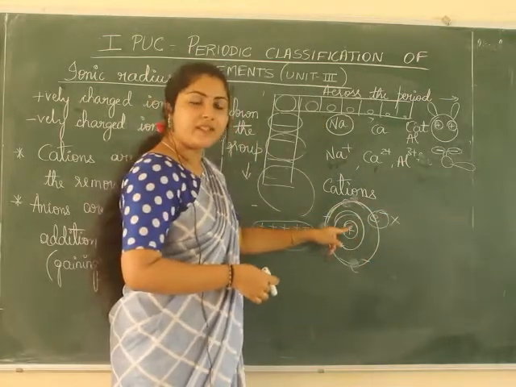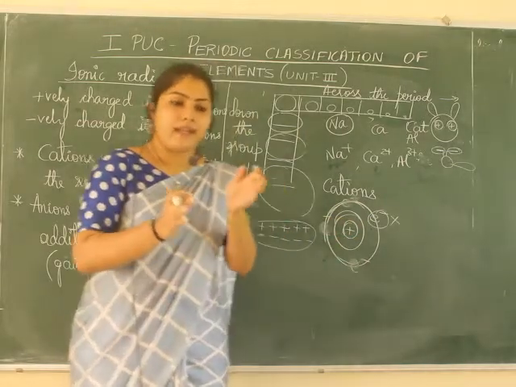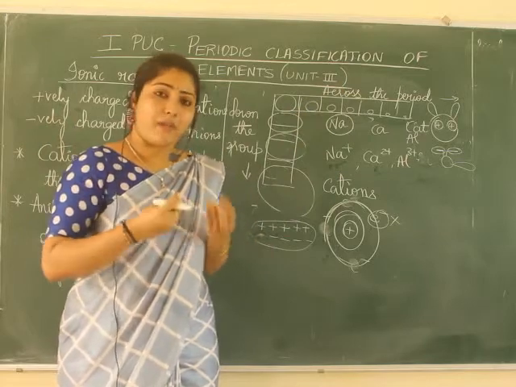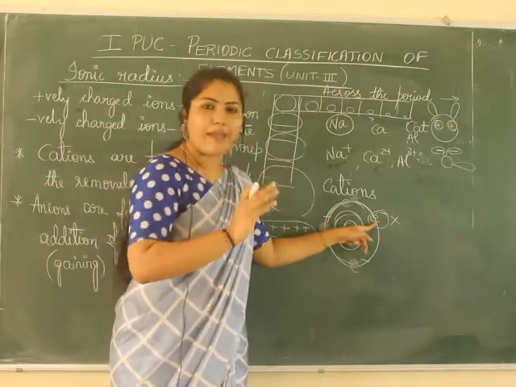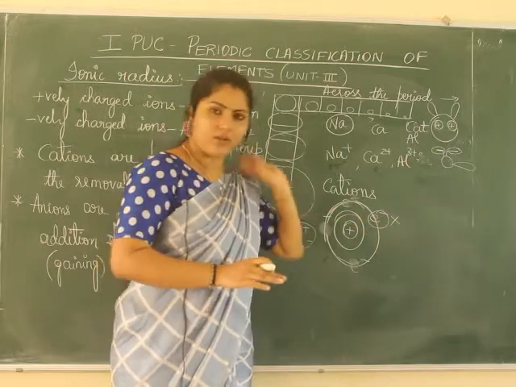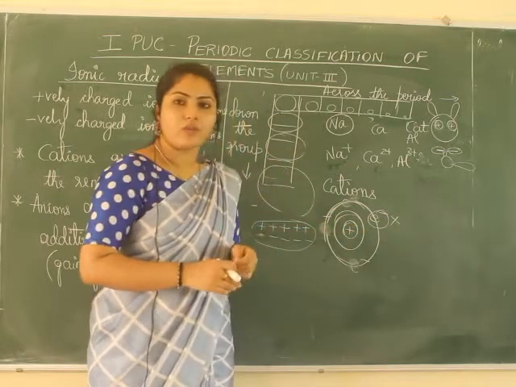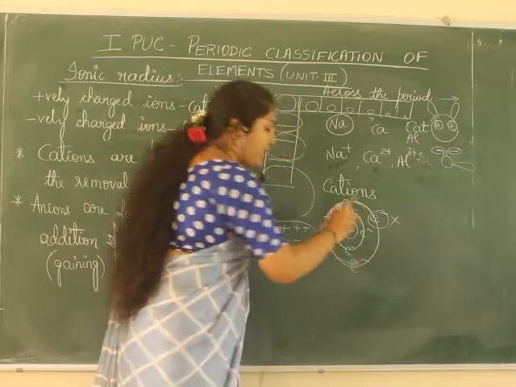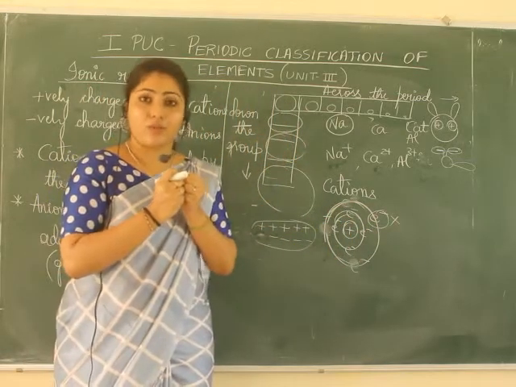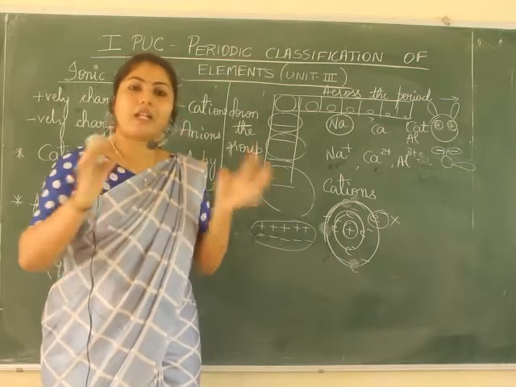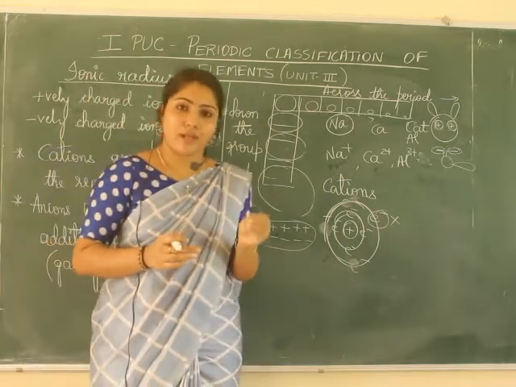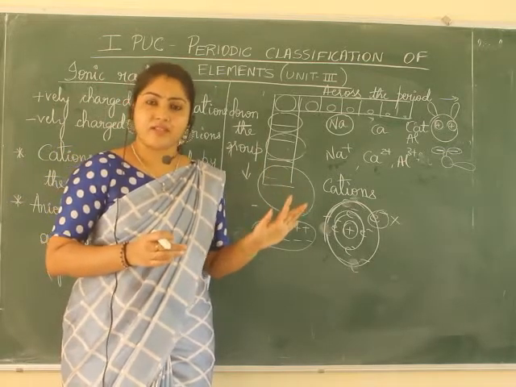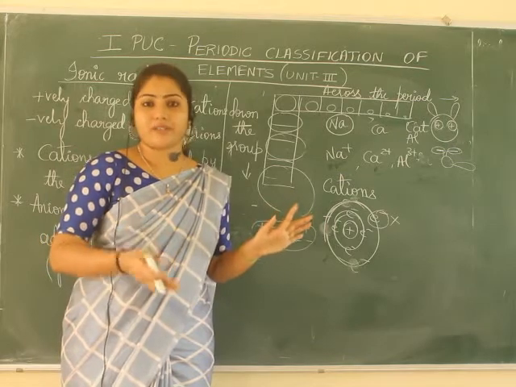The nucleus is at the center, isn't it? It pulls all the electrons towards itself. So somehow, if an electron is removed by application of energy or anything, what does the nucleus do now? It will have other electrons in the inner shell. It will start pulling them much more. Now you imagine in a classroom, if there are 100 students, and in another classroom there are 5 students, on whom will the teacher concentrate more?